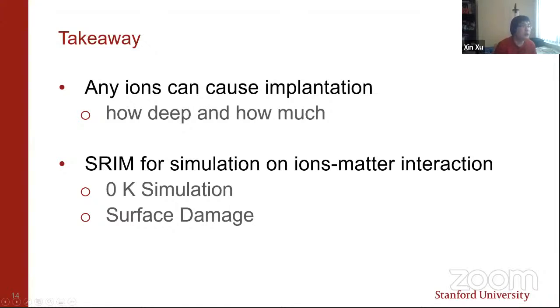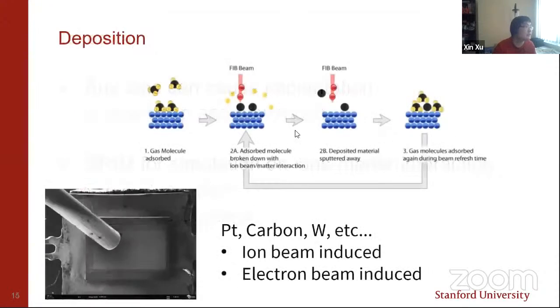If not, we can continue to the second feature, the deposition. So FIB can do local deposition. It is because we can insert a nozzle into the chamber close to your sample surface. And this nozzle can flow precursors to the area above your sample.